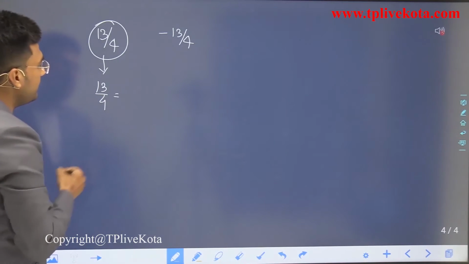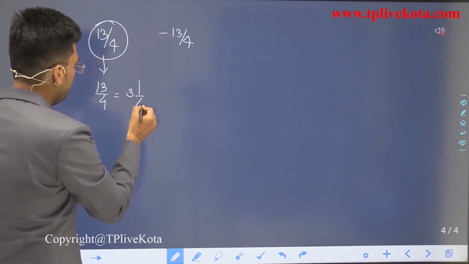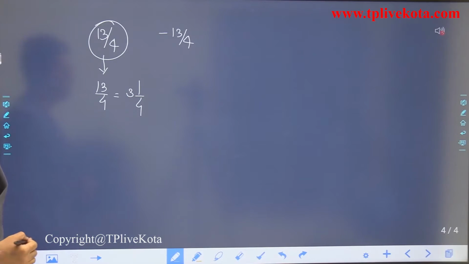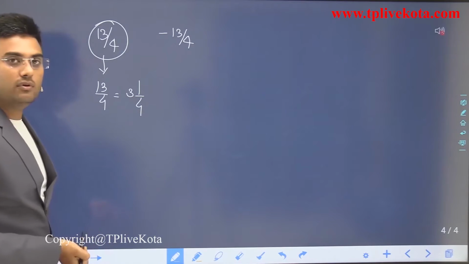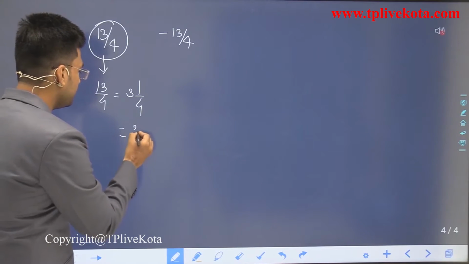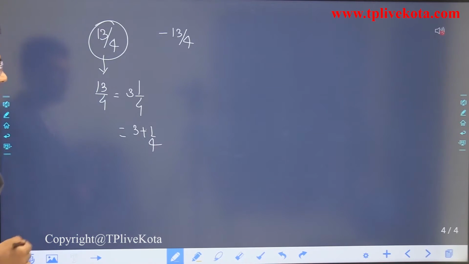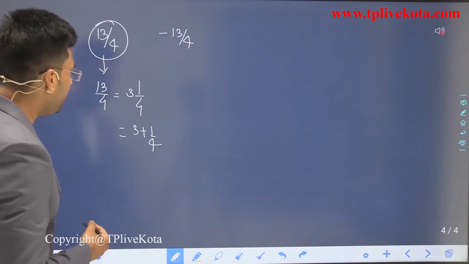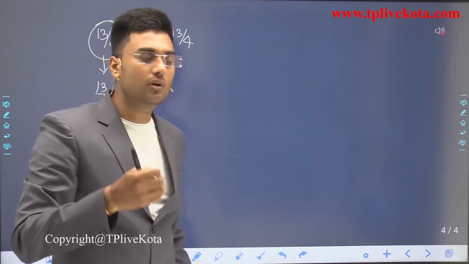Can I write it as 3 1 by 4 mixed fraction? 3 fours are 12 plus 1, 13 by 4, or I can write it as 3 plus 1 by 4. What does it mean? It means the number 13 by 4 lies between 3 and 4, greater than 3 but less than 4.